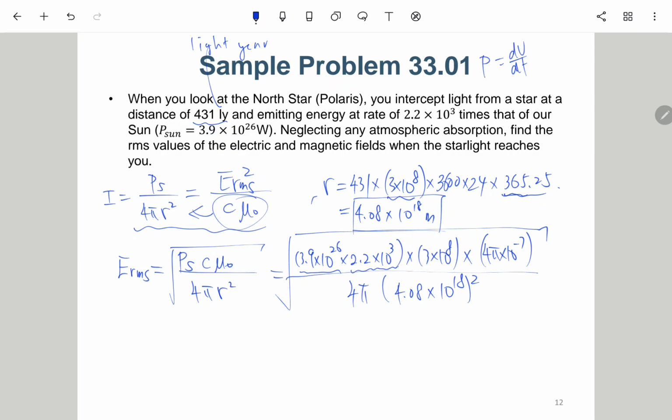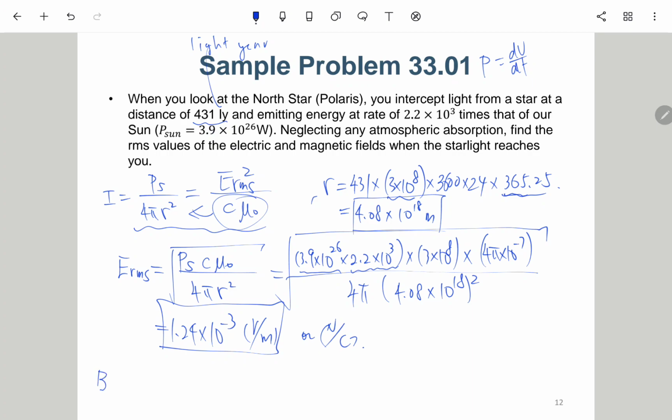Okay, so finally, this number is 1.24 times 10 to the negative 3rd. Okay, you can use volt per meter, or you can use N over C, Newton per Coulomb. Okay, it just depends on what you like. Okay, so this is E_RMS.